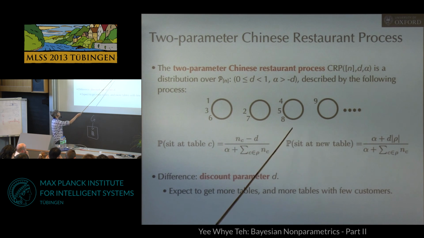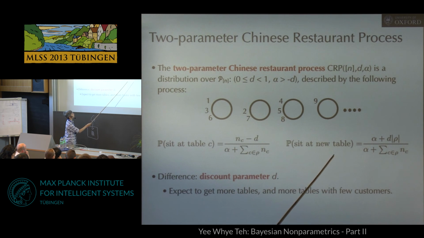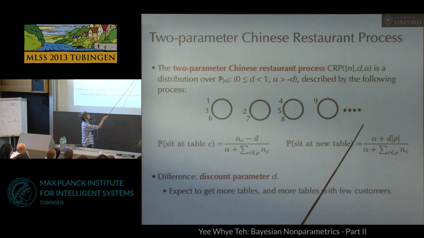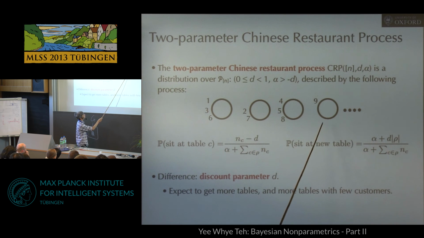If you have 4 tables here, we subtract d from each of them, so that the 10th customer will have probability of sitting at a new table proportional to alpha plus 4 times d. We subtract d from each of the existing tables, and we add 4 times d to the probability of sitting at a new table.